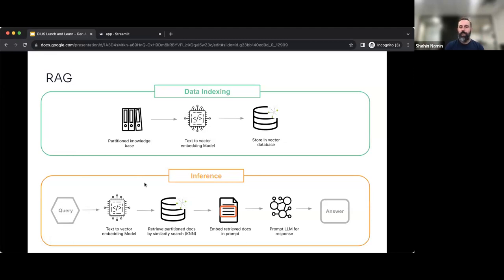Once you have that, basically you found, let's say, a few examples where the information is relevant. You go and find the text and then embed them into your prompt, and then you ask the question. So basically, this step is to create the prompt and embed the information from your knowledge base into your prompt or input of the model. And then you go and ask your large language model to give you an answer for your own problem.